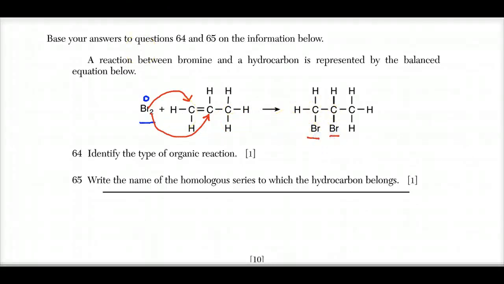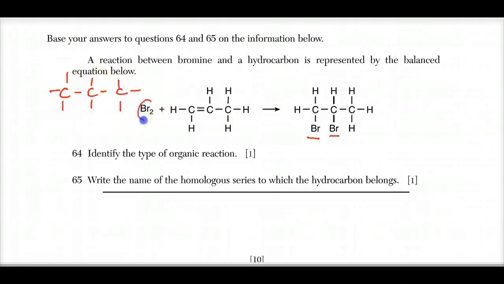If this was a saturated hydrocarbon, if we pretended for a moment that instead of propene this is propane, I'm not going to draw all the H's, I'll just use dashes.